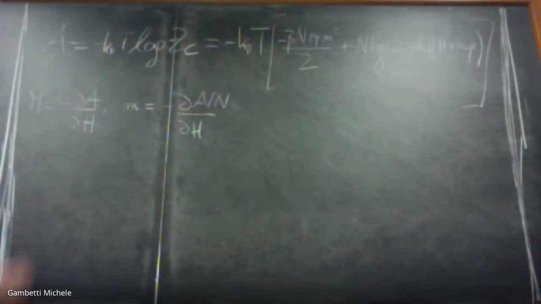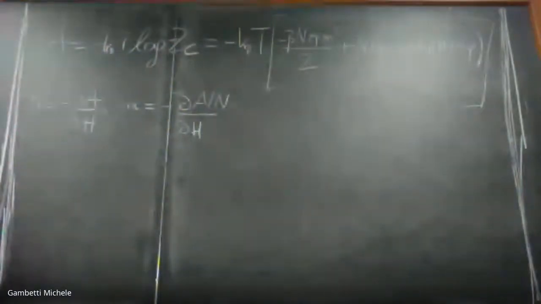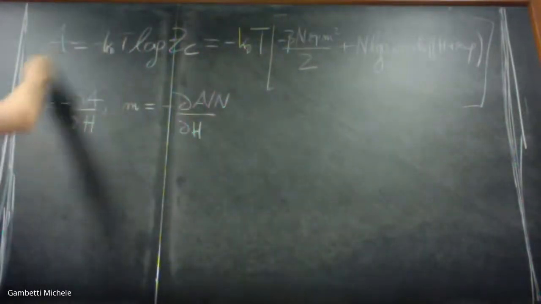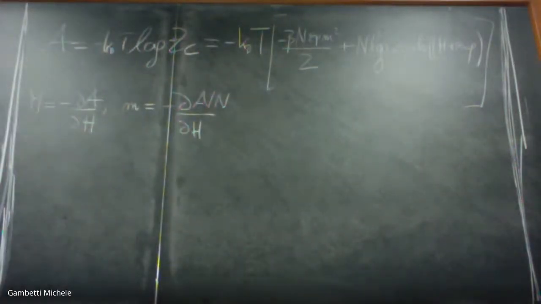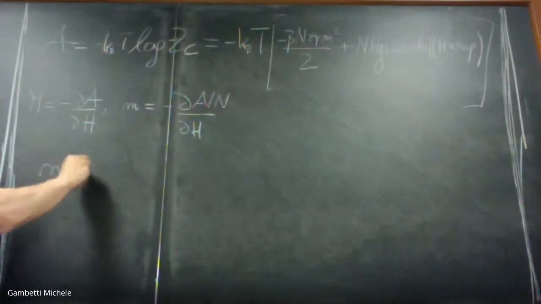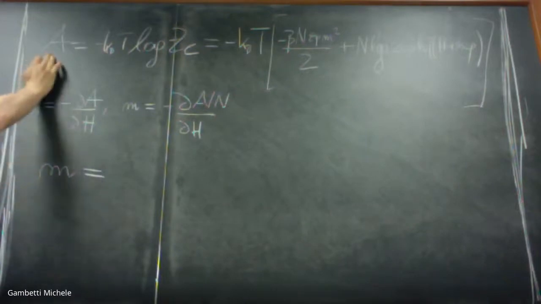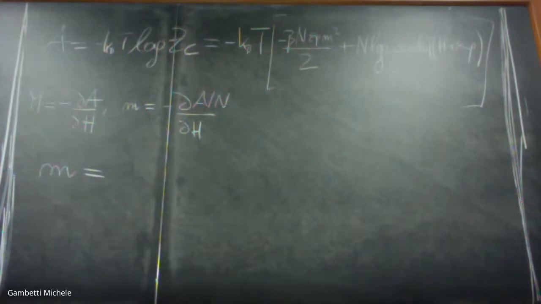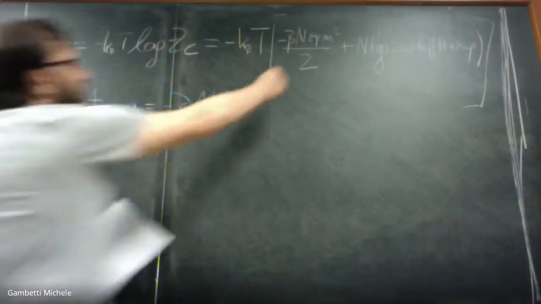On the left hand side, we divide by N, and so we just have m, because the derivative of this with respect to h is by definition M. On the other side, by doing the calculation, this term does not contribute.